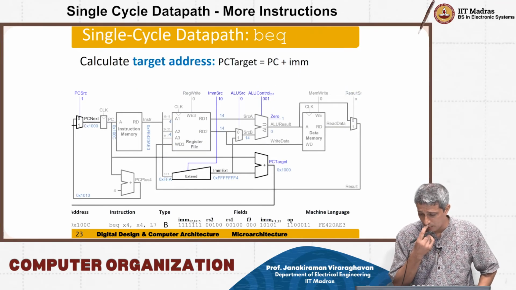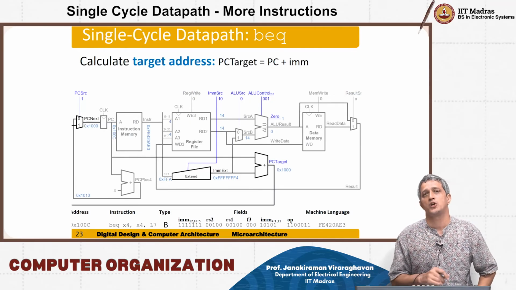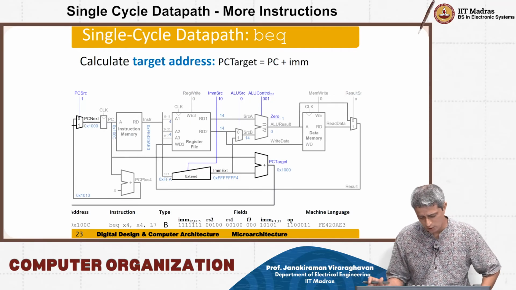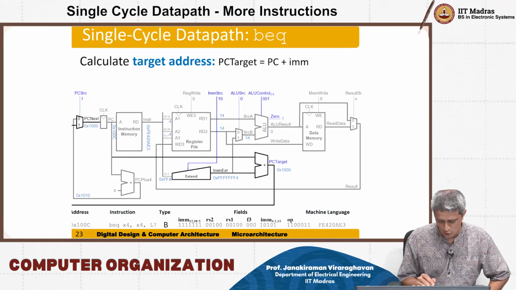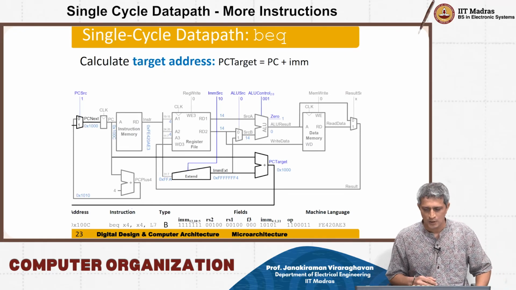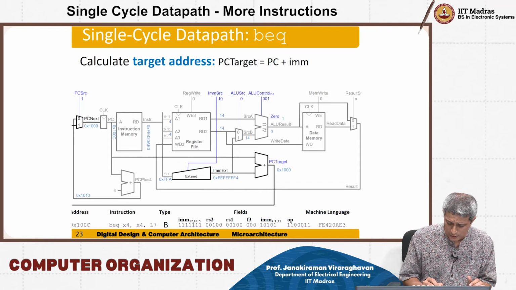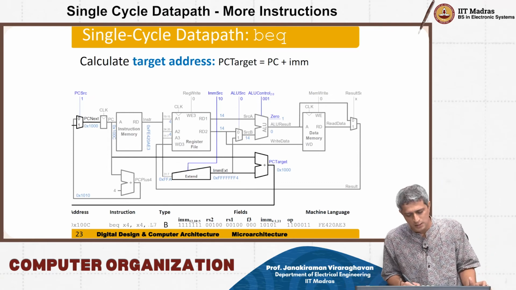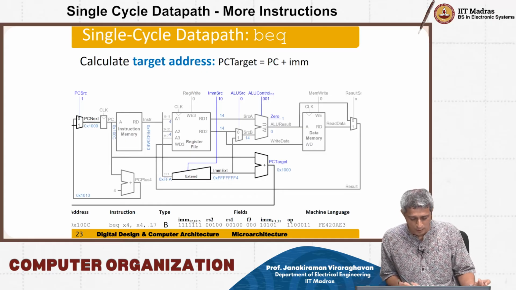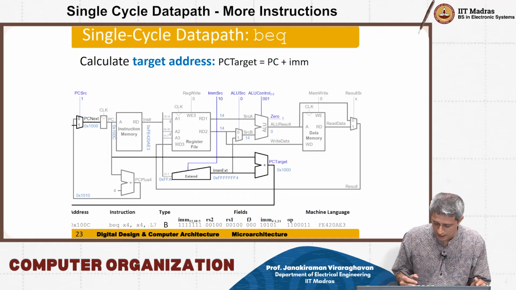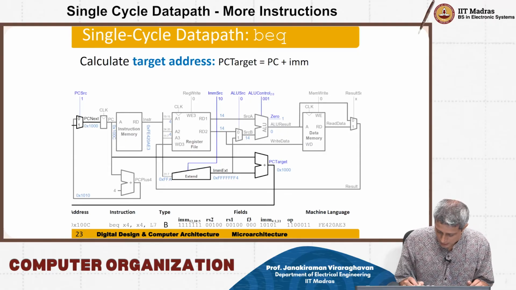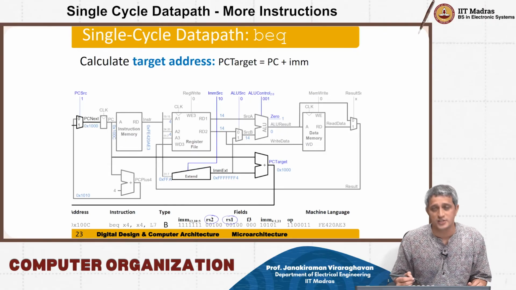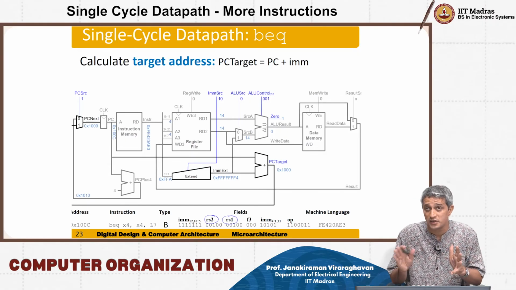Anyway, so now what are we going to do? We are going to look at the implementation of branch on equal. Now, what is the branch on equal? You have again two registers: BEQ X4, X4, comma L7. So effectively, what we are saying here is there are two source registers because there is no destination register.